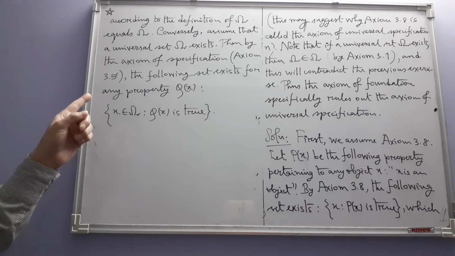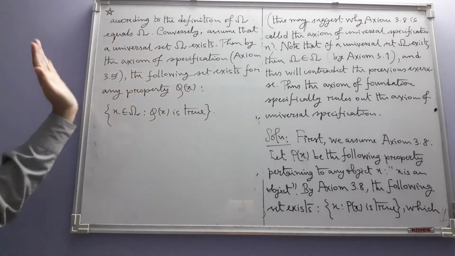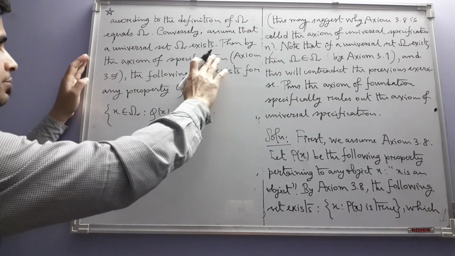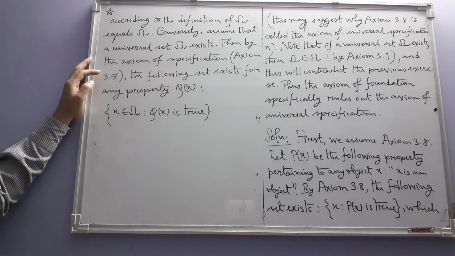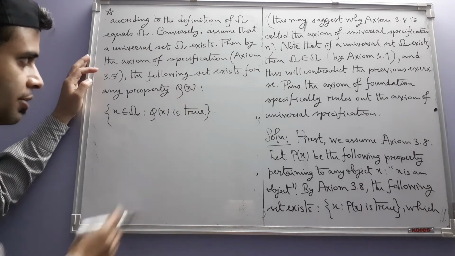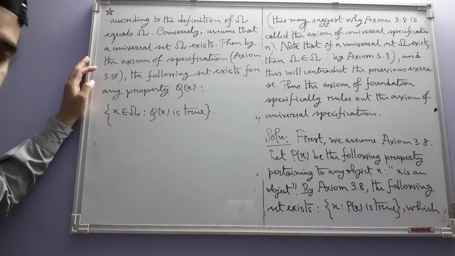Okay, I should have written about Q(x) before writing this, but anyway, here in the second part we have assumed that there is a universal set and we are given any property Q(x) pertaining to any object x whatsoever.